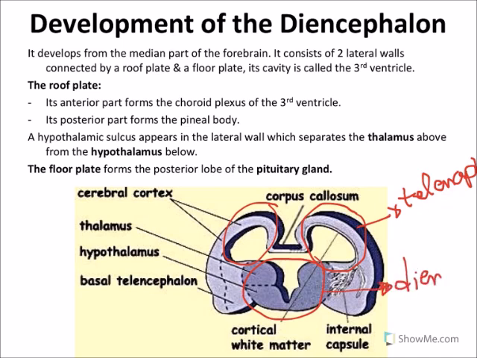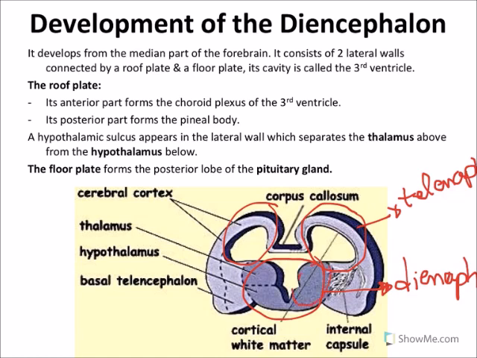This is the diencephalic vesicle, which will be developed into the diencephalon. The diencephalon consists of 2 lateral walls connected together by roof plate and floor plate.